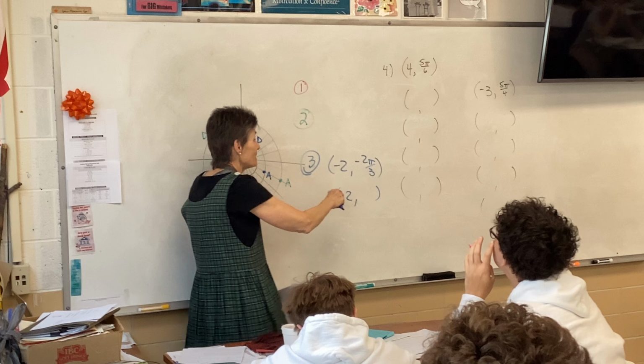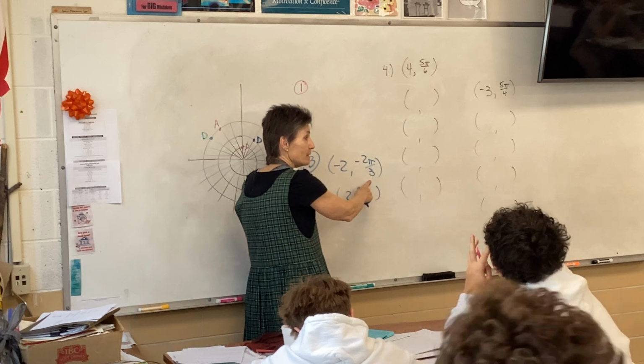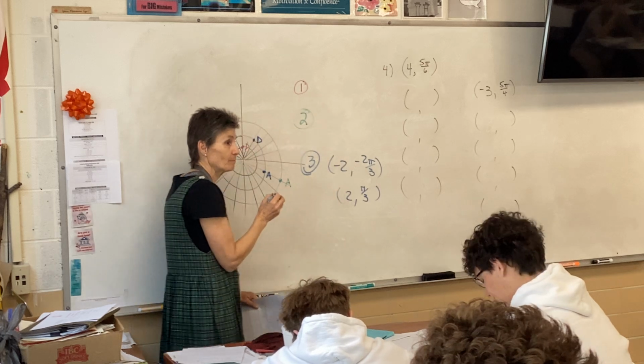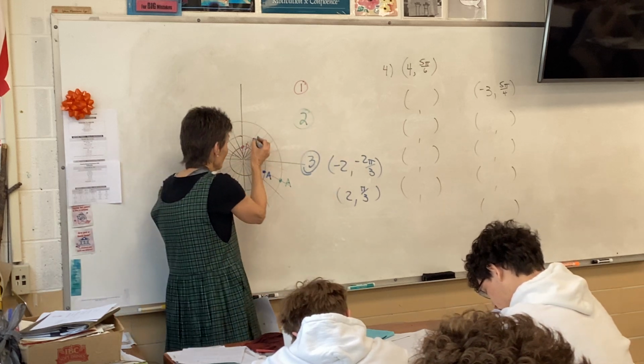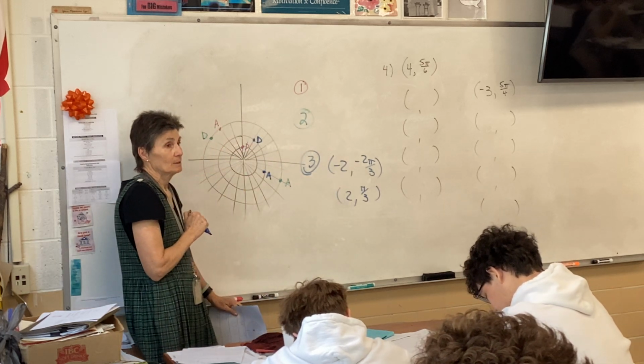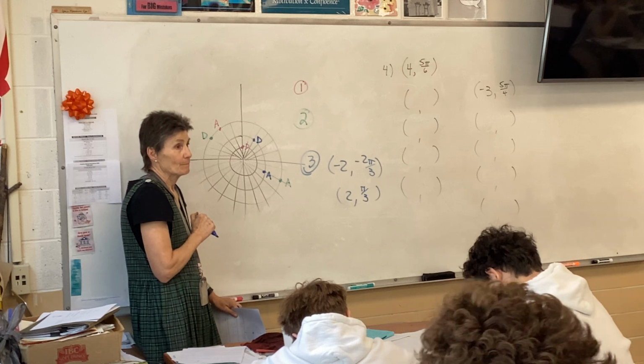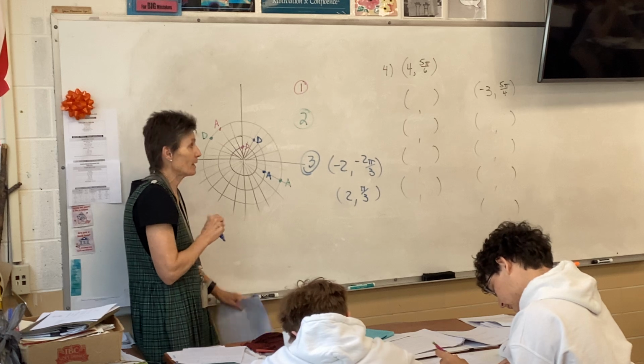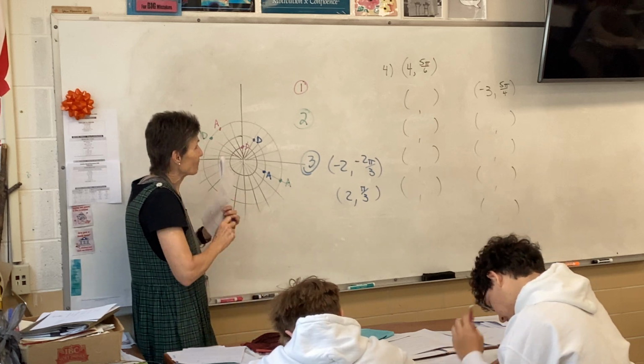So you're going from -2 pi over 3 to maybe +pi over 3. And that's why that point's plotted right there. Remember that? The whole -r thing? Okay. All right, so you needed to use that for the next one.